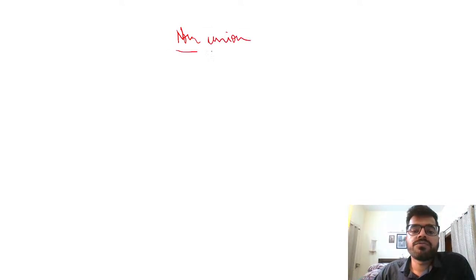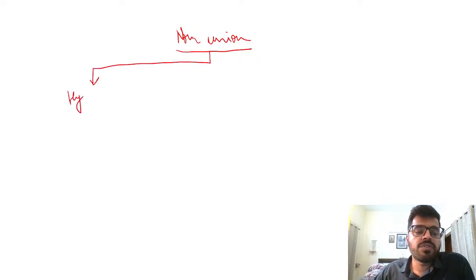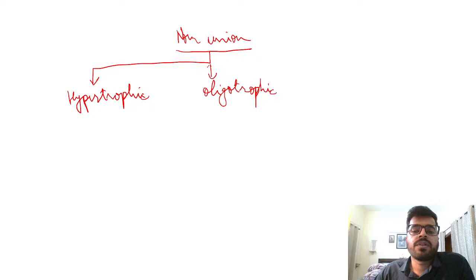So there are different kinds of non-union because of different problems. One is hypertrophic, another is oligotrophic, and the third one is atrophic.